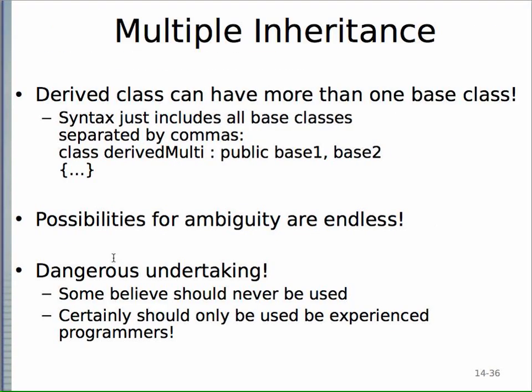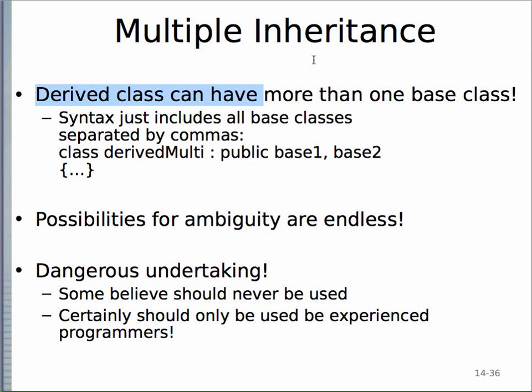Now C++ does give the programmer the opportunity to use multiple inheritance. That is, you can set up a derived class that has more than one base class. If you remember, this is not possible in Java. In Java you have very limited multiple inheritance, and I think that was a good design principle.